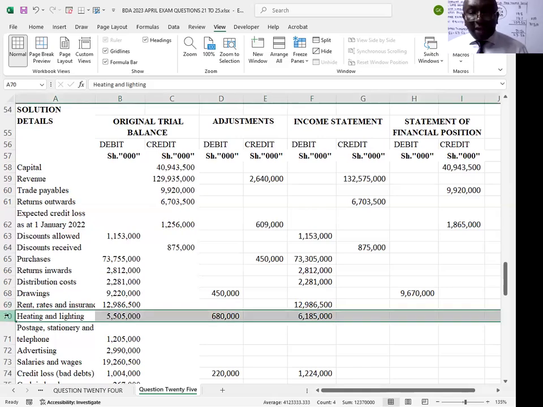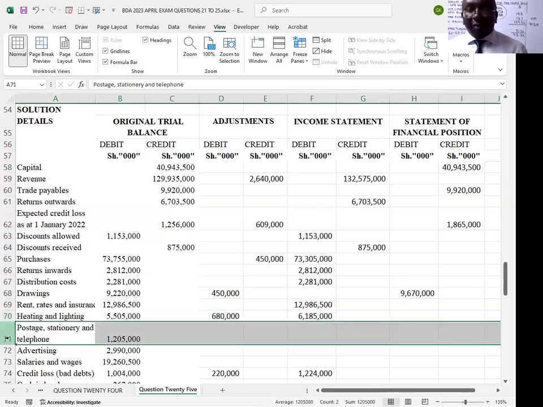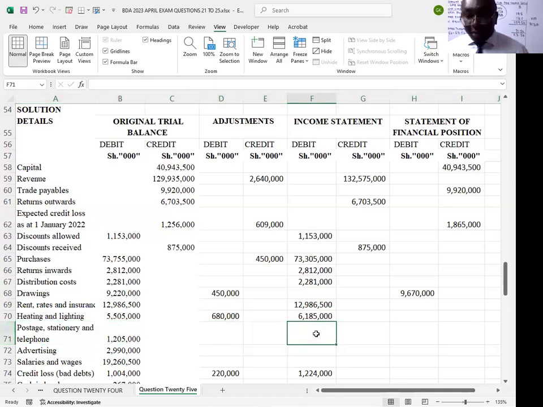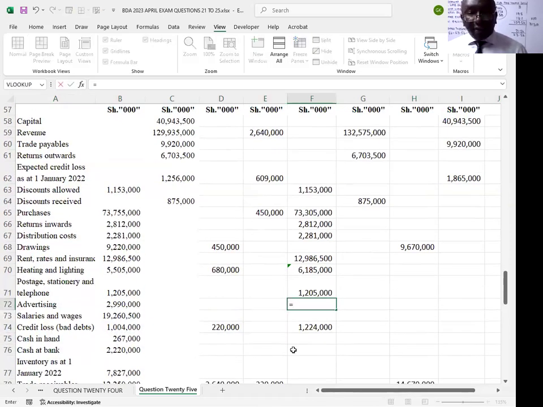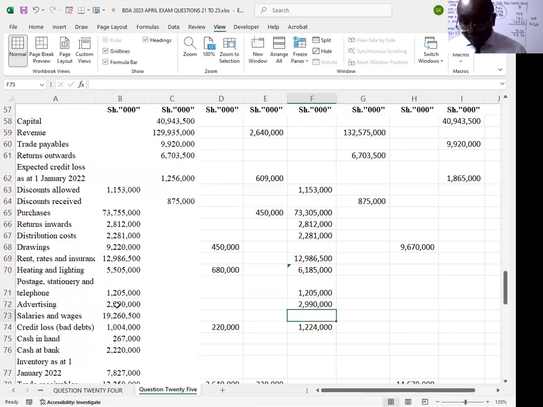Heating and writing, we adjusted and took them there. Postage, no adjustment, so this is an expense. We bring it here. The same with advertising, we bring it here. The same with salaries. So those three I'll put there in the income statement.